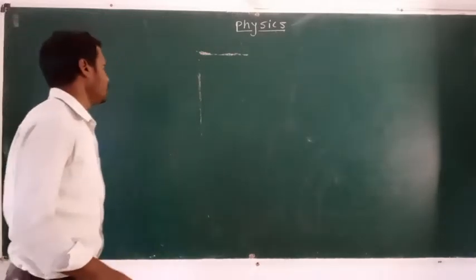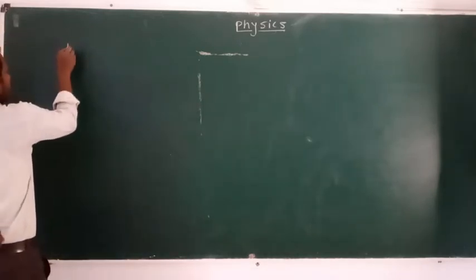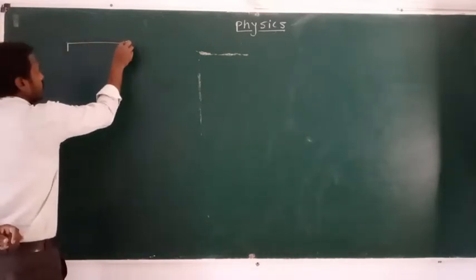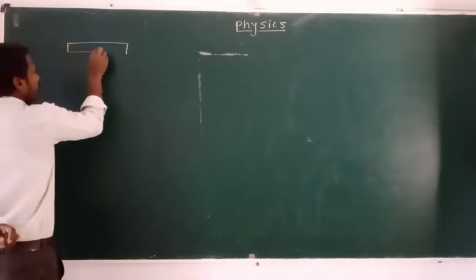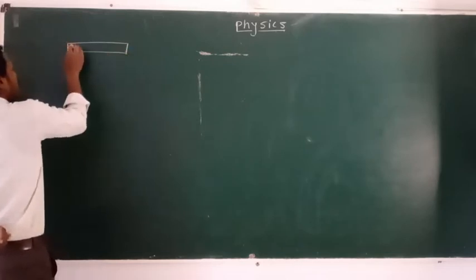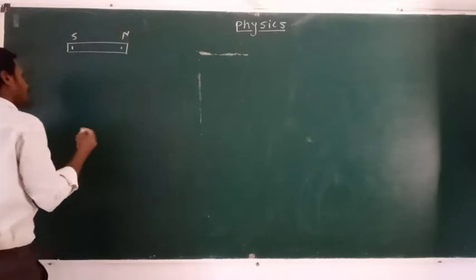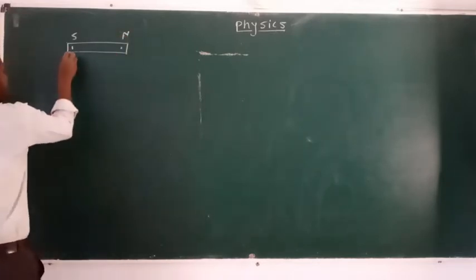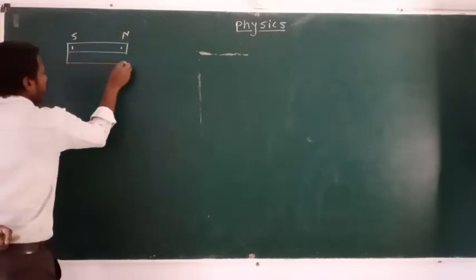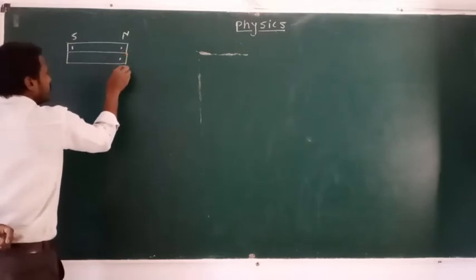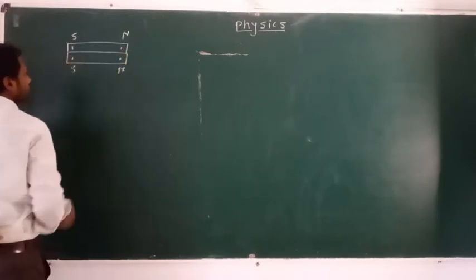Now the next point is, if we put two bar magnets one over the other, this is the one bar magnet. Here is the south pole and here is the north pole, and another bar magnet, here is the north pole and here is the south pole.